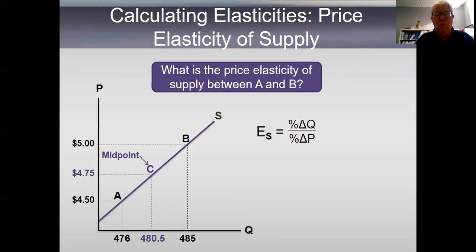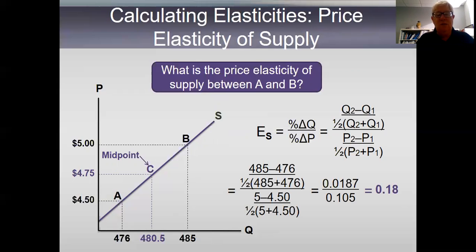Here you see the midpoint where we want to estimate the elasticity around that point. And here's the formula, just like you saw before. Remember, P1, Q1 is associated with point A, P2, Q2 is associated with point B. So we plug those numbers in there and you see that we get an answer of 0.18, which would say that this supply curve is inelastic.